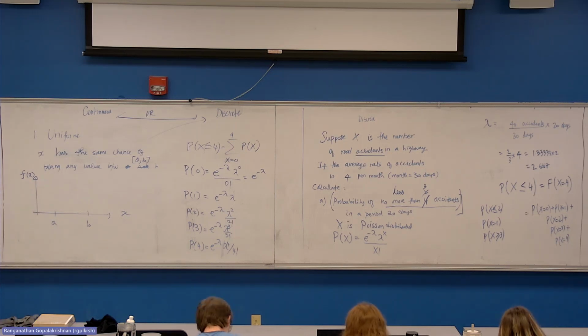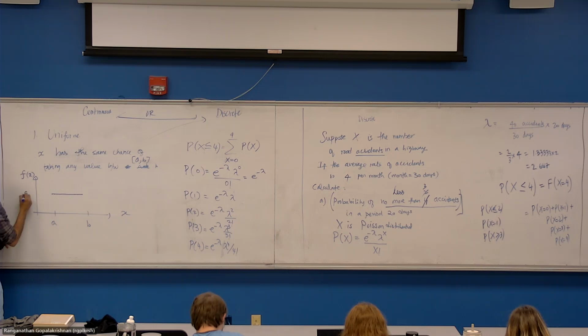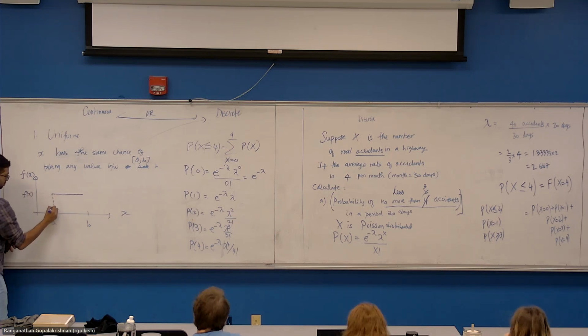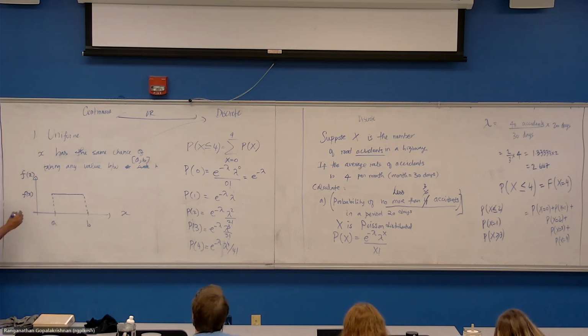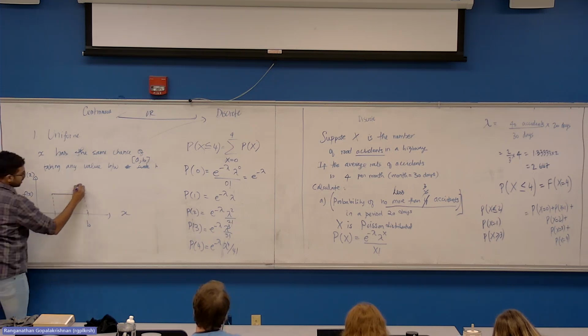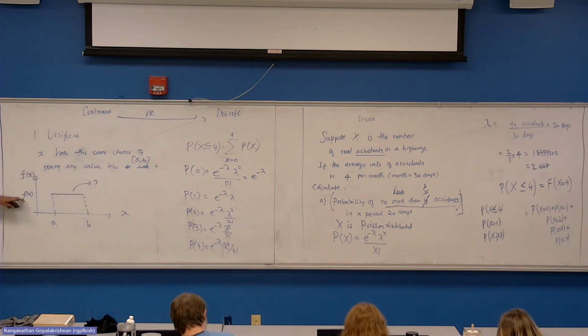A flat line, right? So if this is f of x, this value here, how do we get this? How do we know the y-axis value?